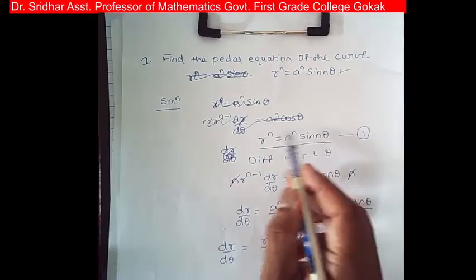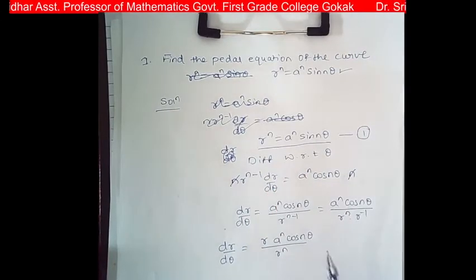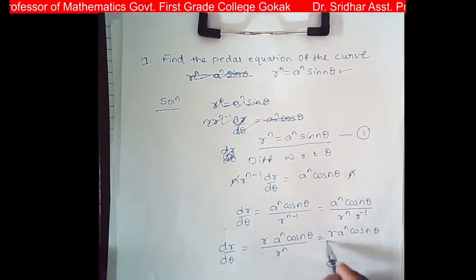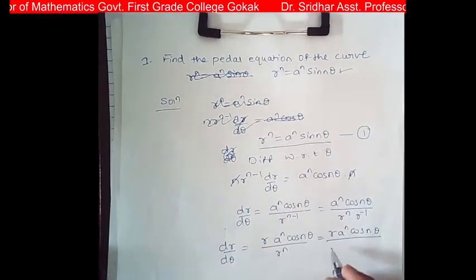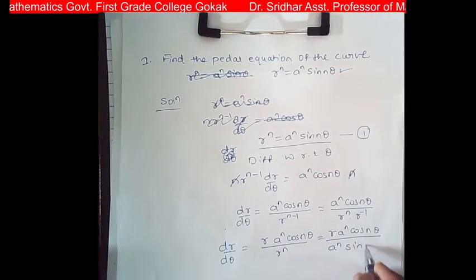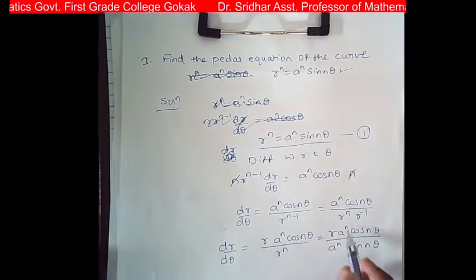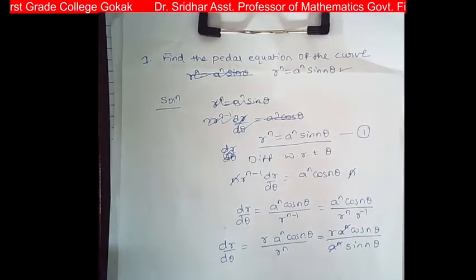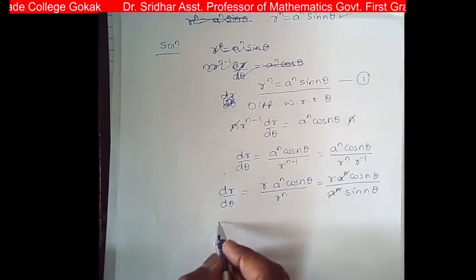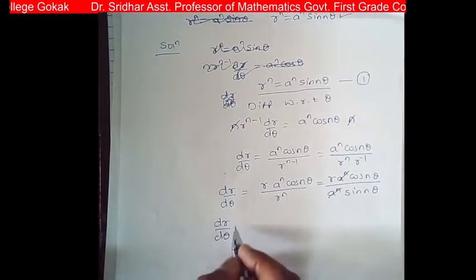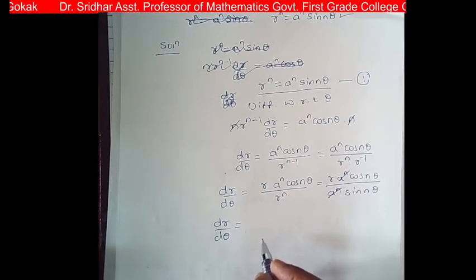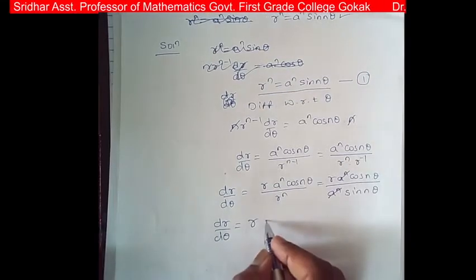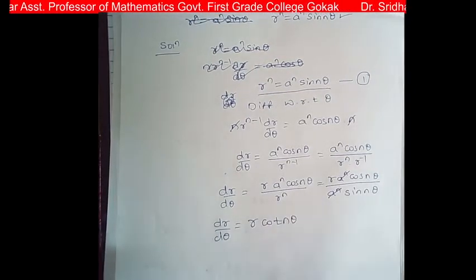Substituting this value of r raised to n here, we get r a raised to n cos n theta divided by a raised to n sin n theta. So a raised to n gets cancelled, and dr by d theta is equal to r into cos n theta by sin n theta, which is cot n theta.